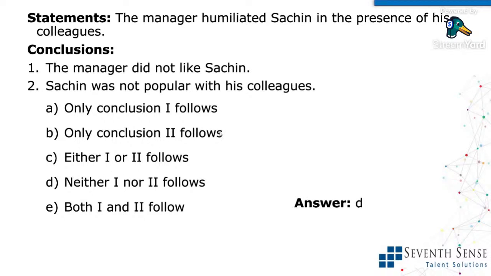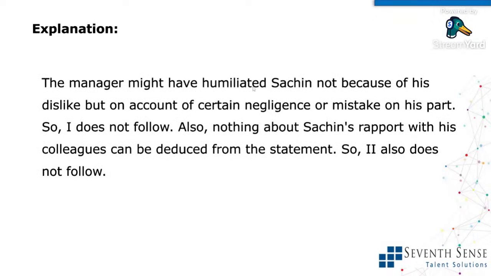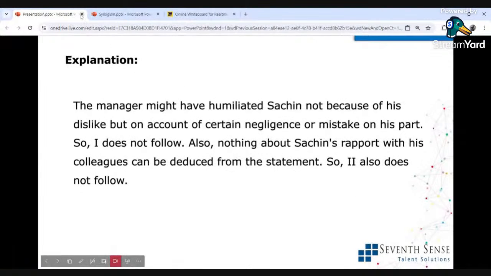So your correct answer would be option D. You can read over here, not because of his dislike, but on account of certain negligence or mistake on his part. So one does not follow. Also, nothing about Sachin's rapport with colleagues can be deduced from the statement. So two also does not follow.